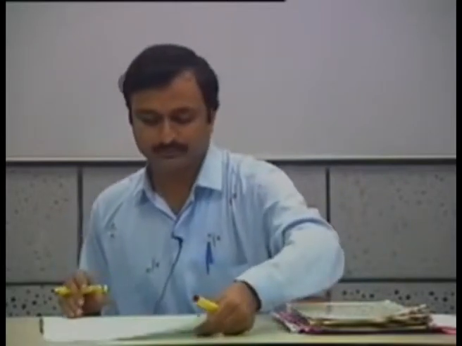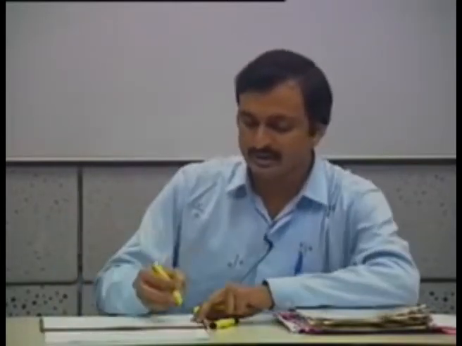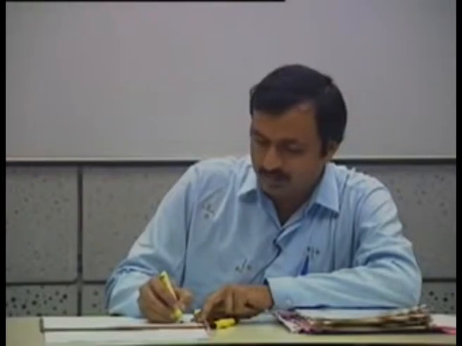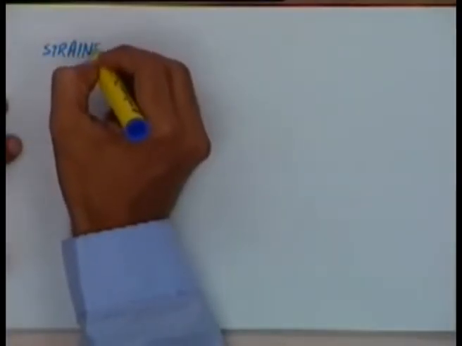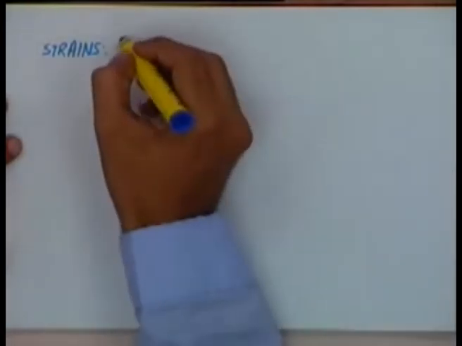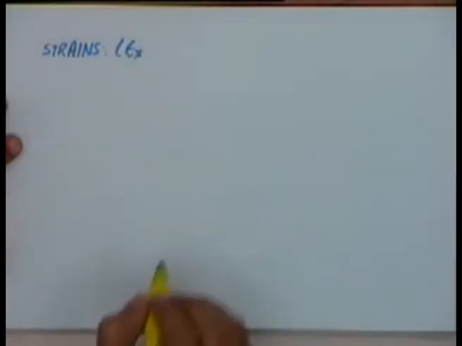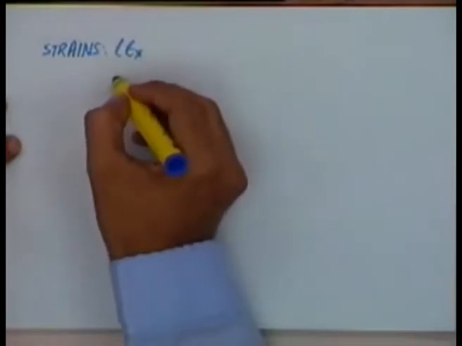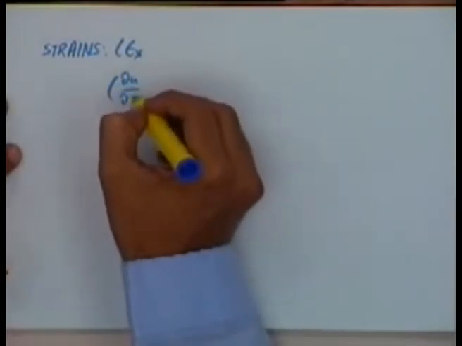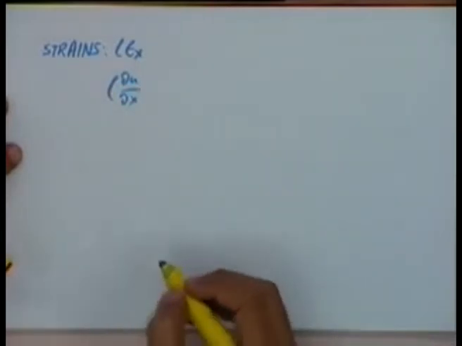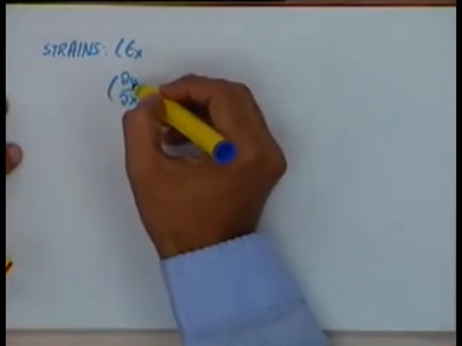Now these strains: if you remember how epsilon x is defined, this is the same as del u by del x, where u is the deformation in the x direction.